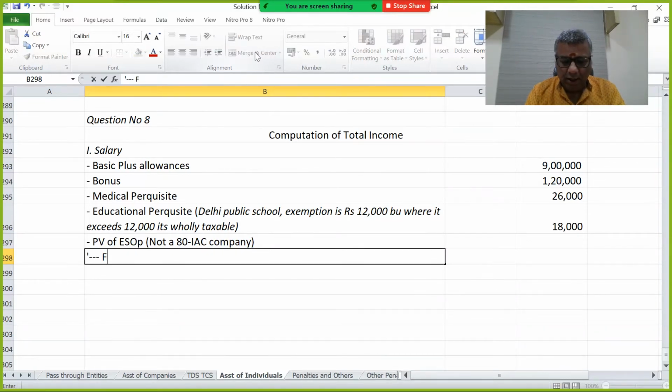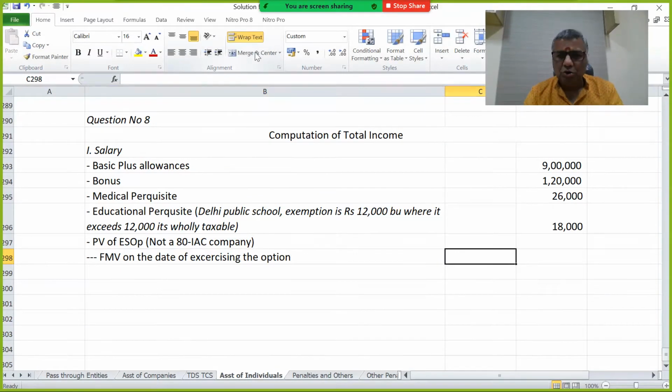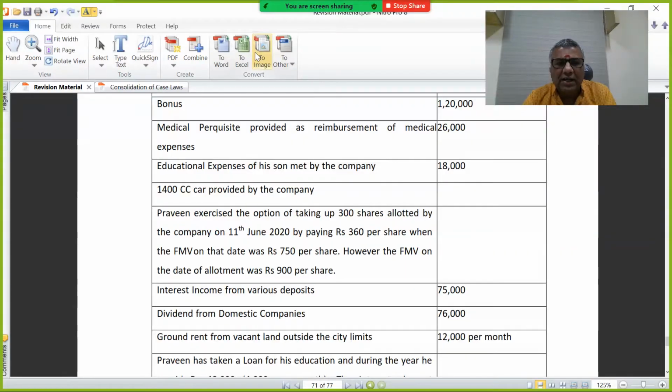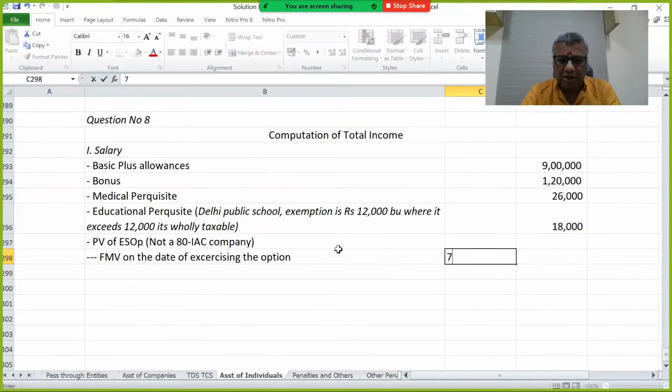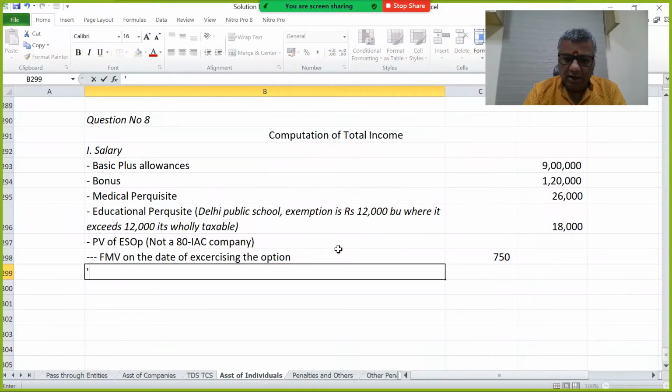Okay. FMV on the date of exercising the option. We should not look at the date of allotment. FMV on the date of exercising the option is 750 per share. Okay, right?